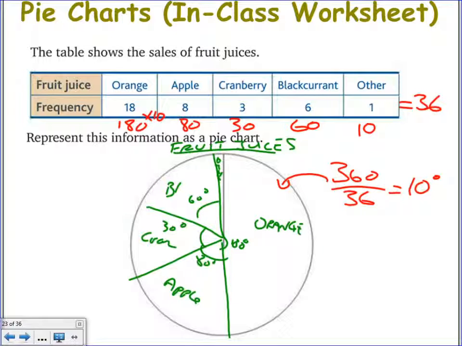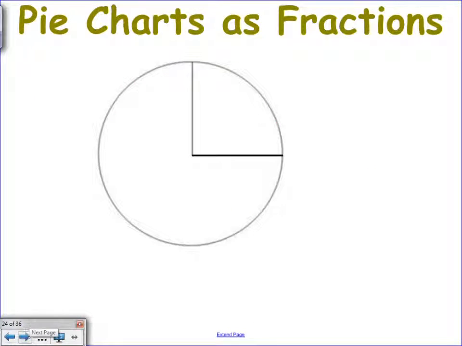And then other is 10 degrees. Everyone happy with that? Everyone happy with the displays that we've looked at today? Yeah? Good. Right. Please don't forget, pie charts in Unit 1 generally aren't about angles. They're about fractions and percentages.